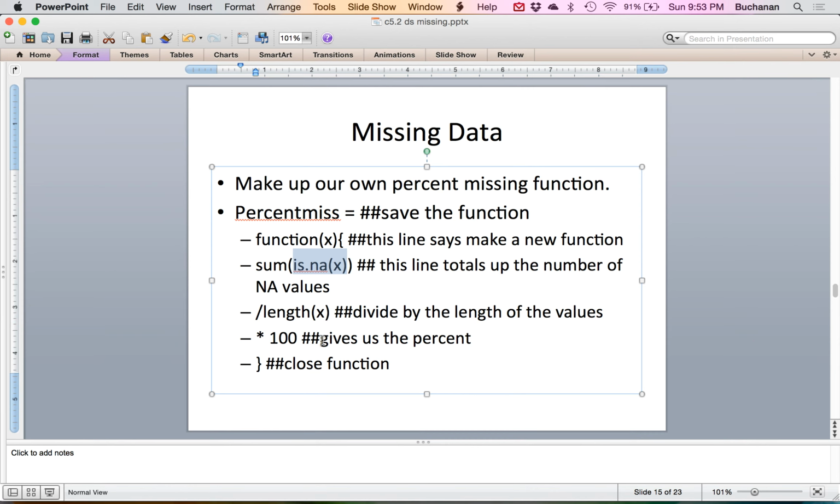If it is missing, you get a true, which adds up to a 1. If it is not missing, you get a false, which adds up to 0. And so the sum function, unsurprisingly, adds all those up. So it counts the number of 1s to 0s. So it totals the number of NAs based on either row or column, depending on how we use apply.